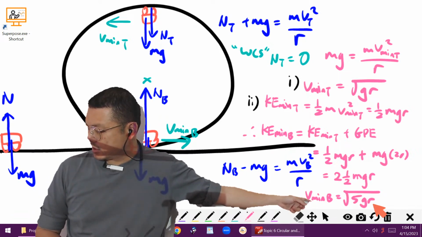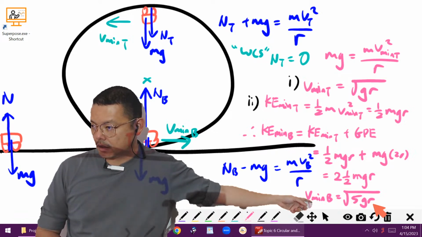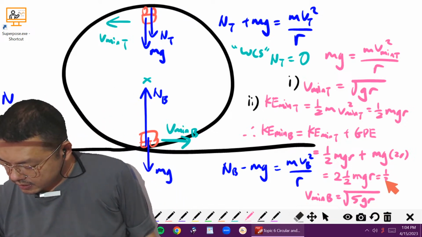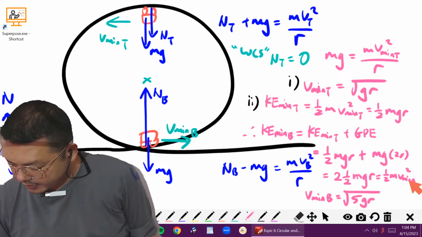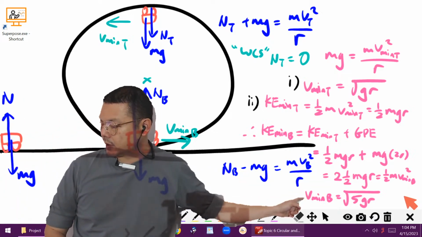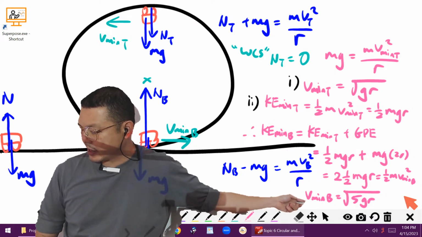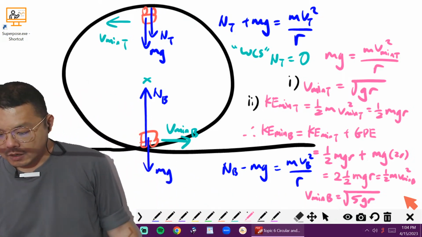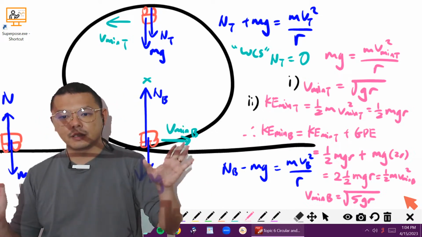You know why it is 5gr? It's half m v minimum at the bottom squared, right? So you're just making v minimum at the bottom squared the subject. So you times 2, it becomes 5, then you cancel the m, and therefore you get root 5gr. Okay, part 2 is a bit more complex, but if you can understand what I've just done, that's it. That's all there is to it.